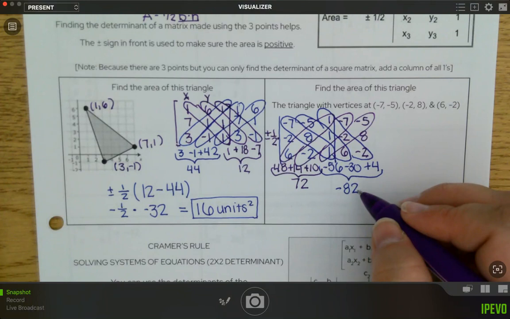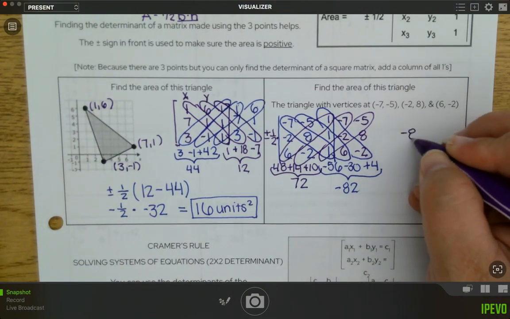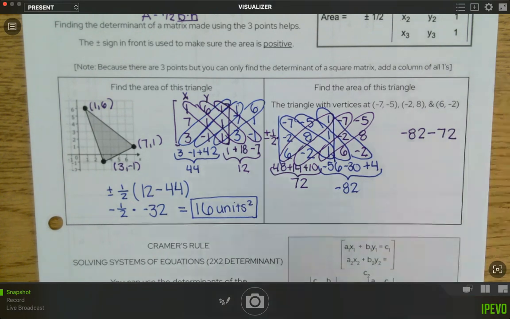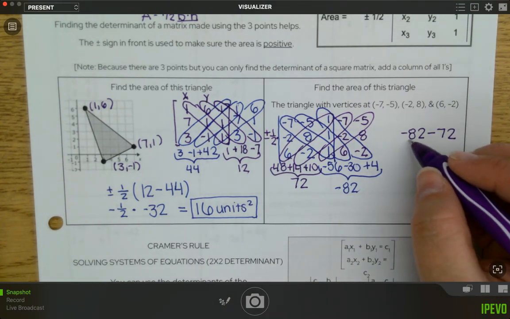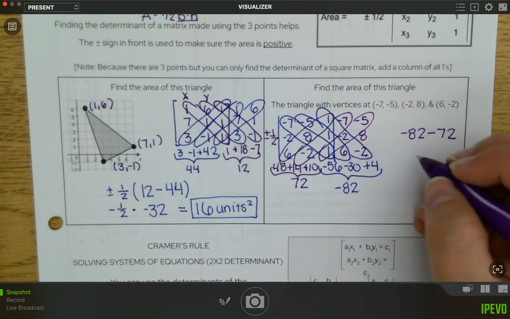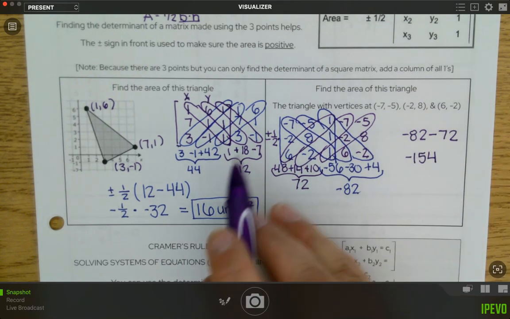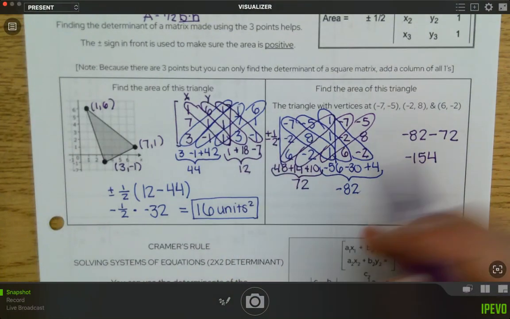Start with the first one you got and subtract the second one you got. -82 minus 72 is -154. And then you have to do this plus or minus 1/2.